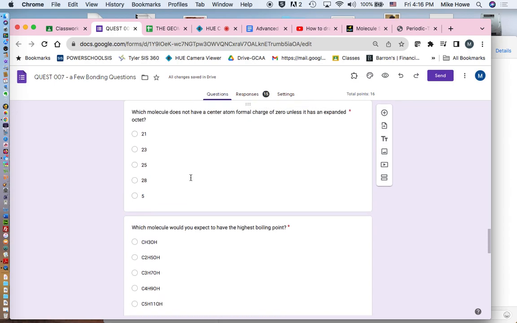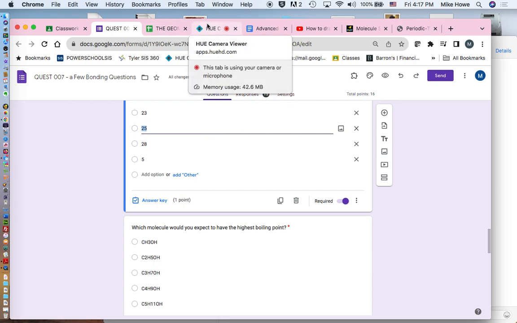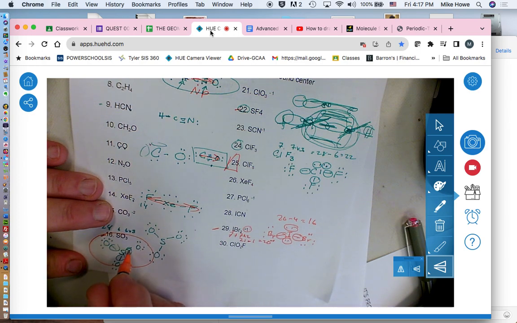All right, I'm going to skip this one here. I talked about this one a minute ago. Sometimes, like if you draw SO3 like this, we drew it with one double bond. Sorry, I keep forgetting to switch back over here. Okay, so we drew it like this with one double bond.